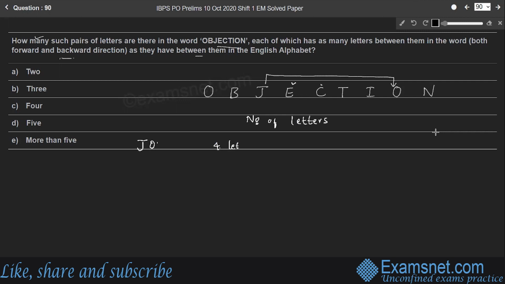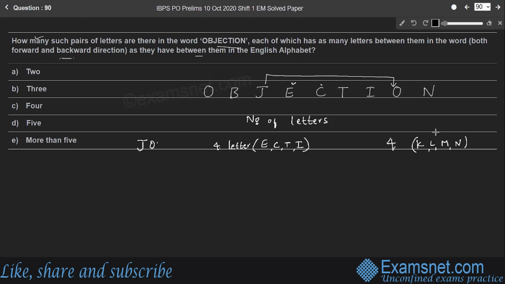They are E, C, T, and I. And in the original alphabetical series, between J and O, so J, after that K, L, M, and N. These are the 4 letters between J and O in the original alphabetical series. Therefore, in the original also there are 4 letters.